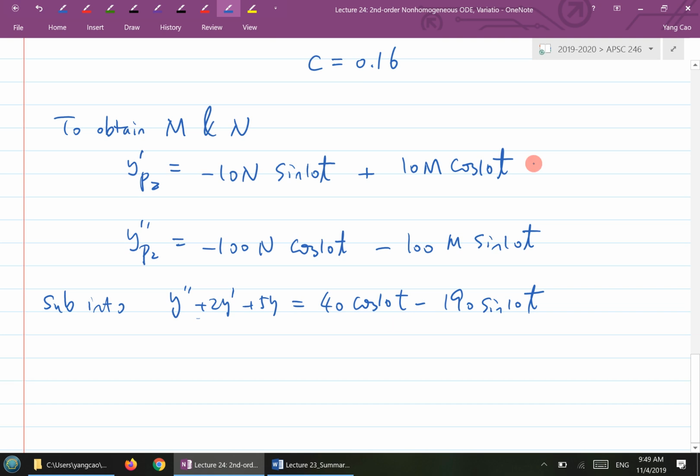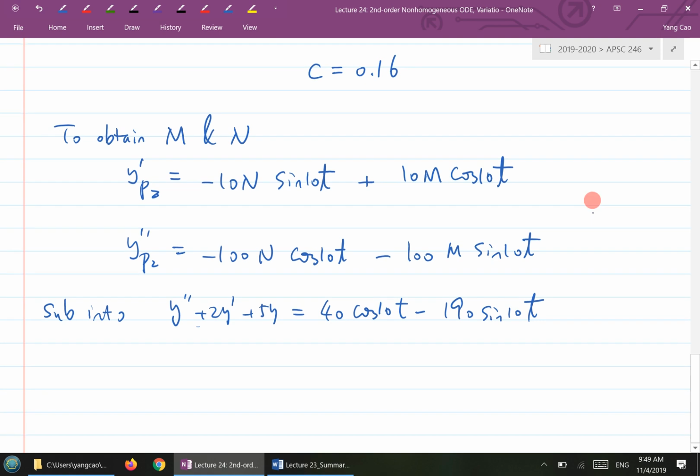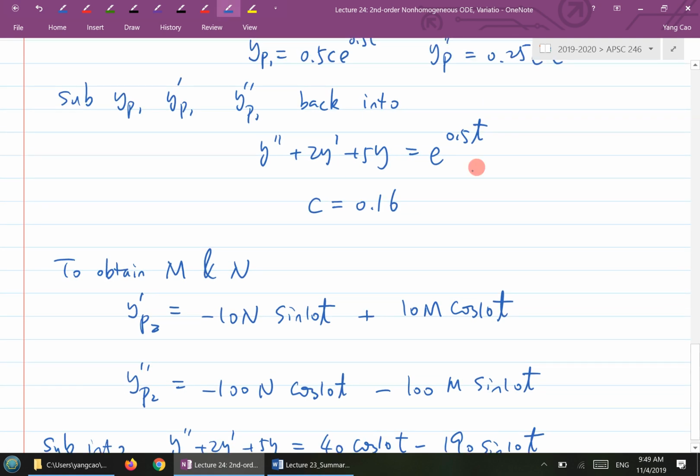Now this summation here is the part you have to be very careful with: the sine, the cosine, and the negative and the positive. Yes, I think you mentioned 190 sine t. Where? Oh, did I? At the beginning of the expression. Here?